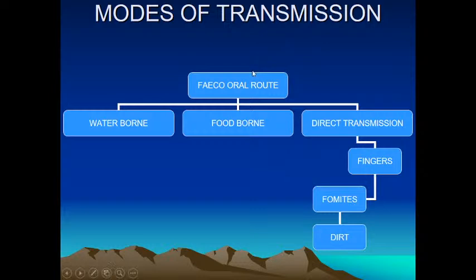So the fecal-oral route is the most common cause of transmission. It can be waterborne, it can be foodborne, or direct transmission through fingers, fomites, and dirt. So all these can result in transmission of the disease.